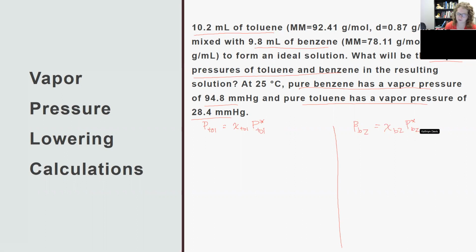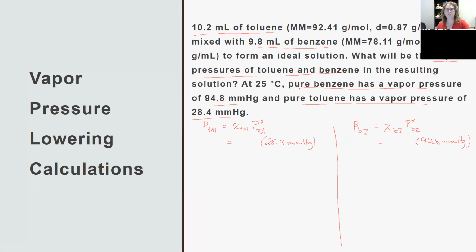We know some of these things already, right? We know that the pure vapor pressure of toluene is 28.4 millimeters of mercury. And we know that the pure vapor pressure of benzene is 94.8 millimeters of mercury. So it looks like it's all about the mole fractions at this point.